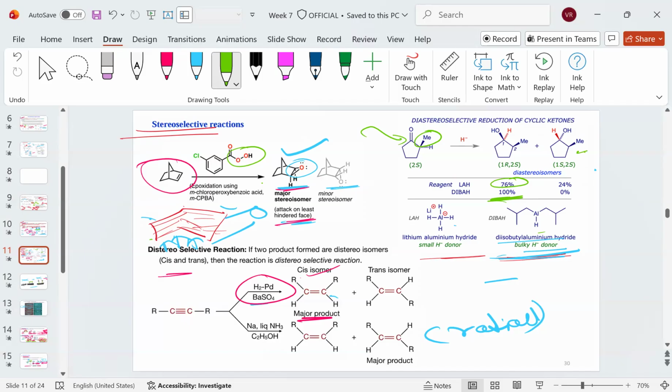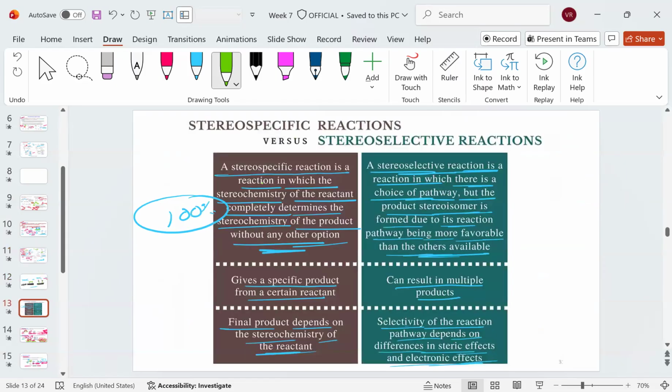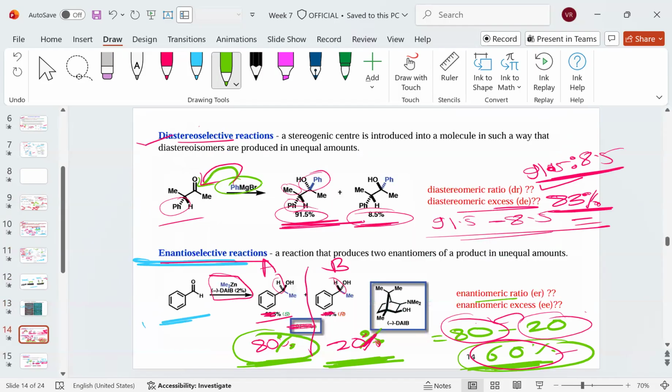We can achieve selectivity by modifying the reagent and using different reagent conditions. The difference between stereospecific and stereoselective reactions we have also covered. So that's about today's fundamental concepts.